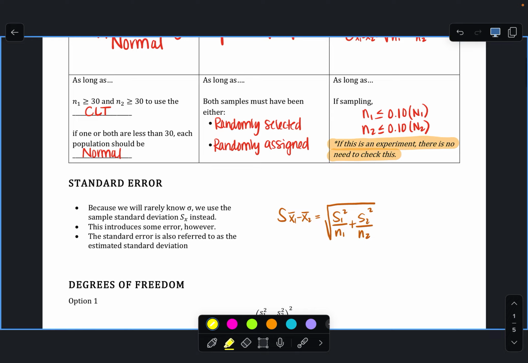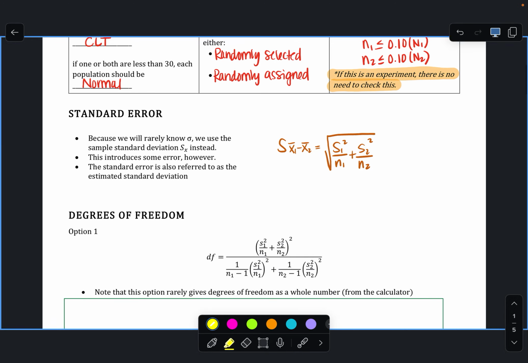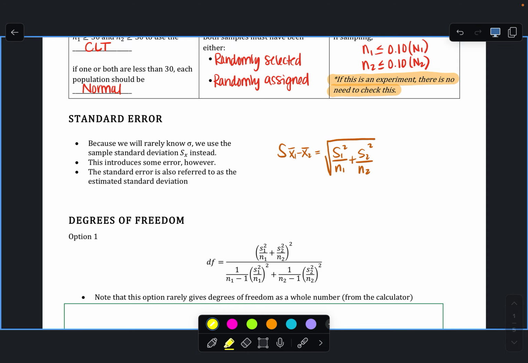In most cases, in all that we do as far as inference tests for means, you don't know the population standard deviation. The only thing you know are the sample standard deviations. So these are sample standard deviations. So only knowing the sample standard deviation calls this measure standard error.